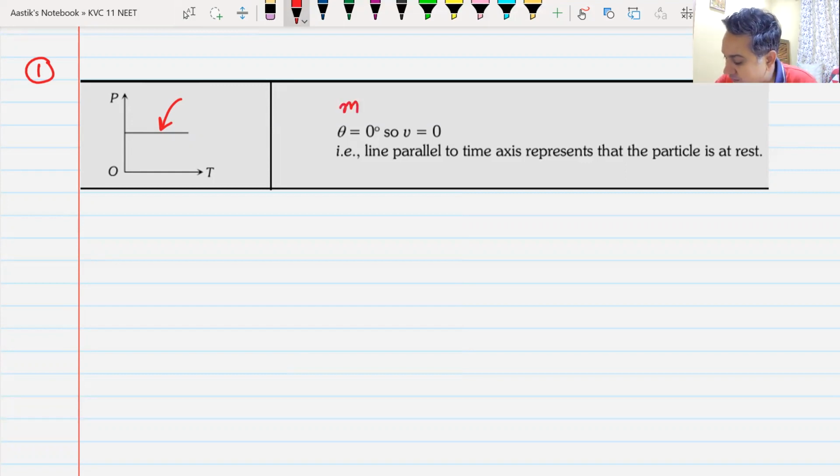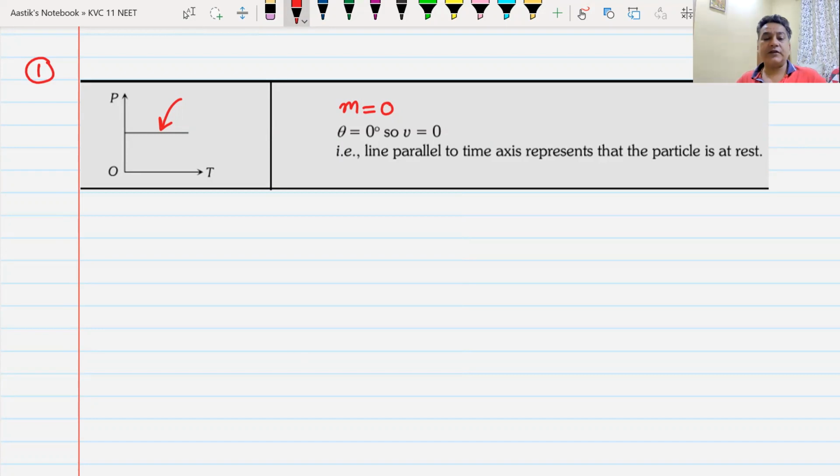The slope of this graph m is 0. Slope of this graph is 0. Slope of position time graph gives us what?